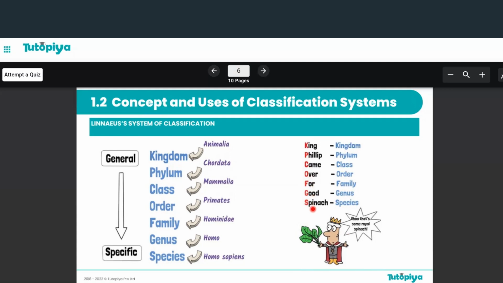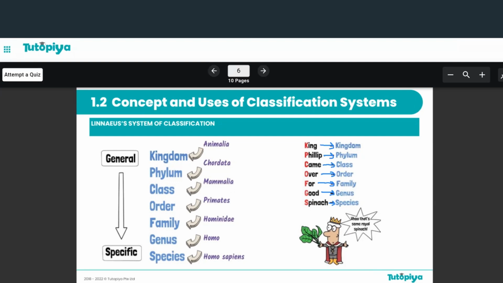So the K is referring to kingdom, P for phylum, C for class, O for order, F for family, G for genus, and S for species. This is the hierarchy of classification introduced by Carolus Linnaeus. So that's the theory part of this particular section.